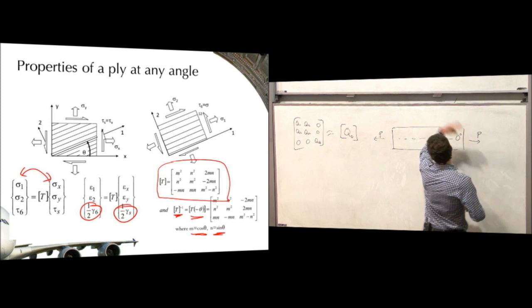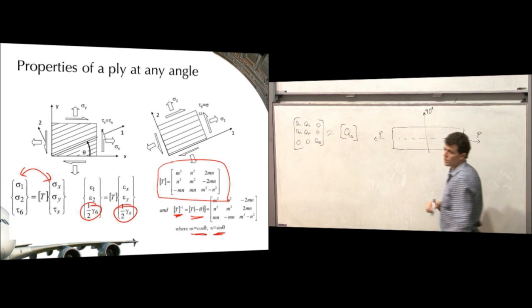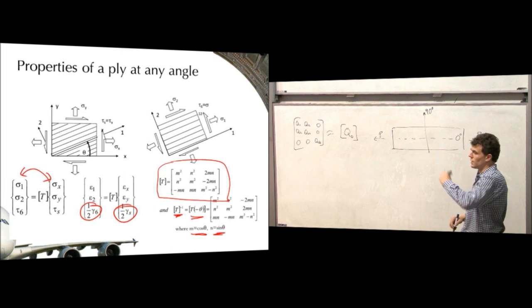If I rotated around 90, I'd call this axis 90 degrees. And I'm rotating anti-clockwise.